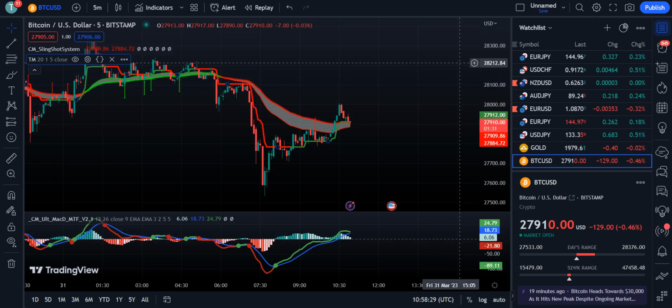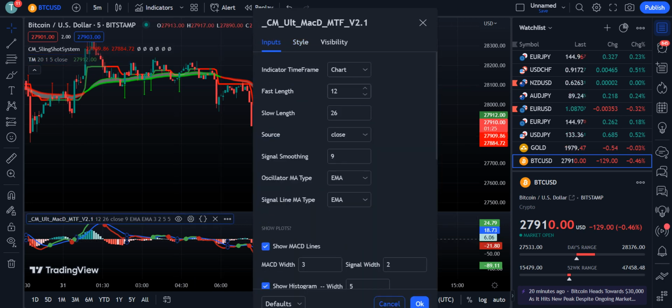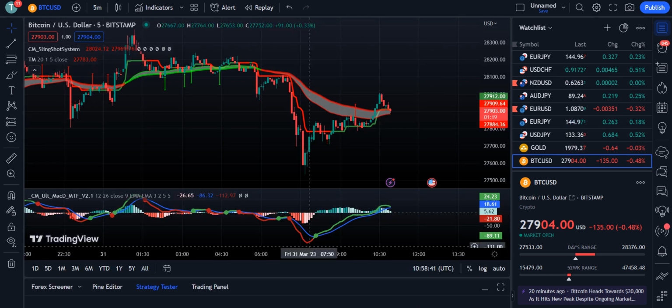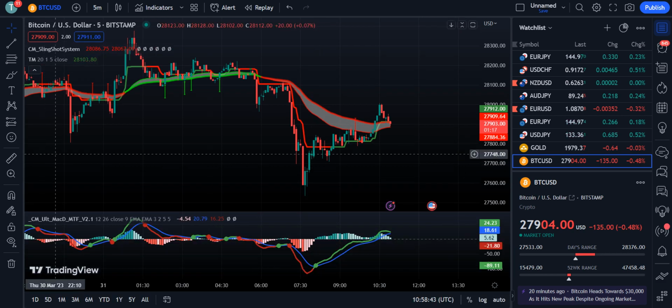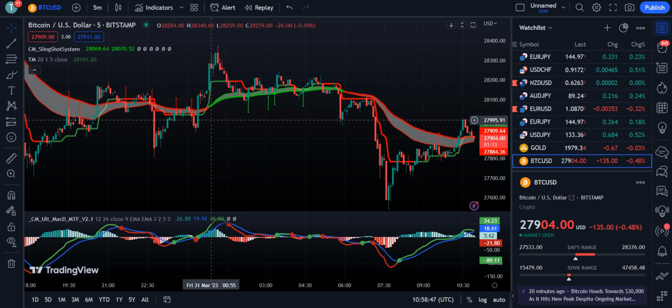It will be applied on your chart. Now we will go into the inputs, and we are going to use this indicator with default settings, as it is going to give us the best results along with its default settings.